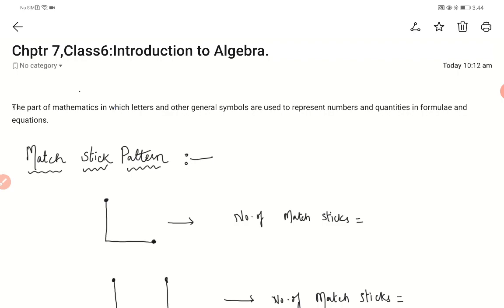So this algebra is a branch of mathematics. The main feature of algebra is that you are going to use alphabets or letters, like A, B, C, D till Z. Whether you call it a letter or an alphabet, these are used to represent a number.